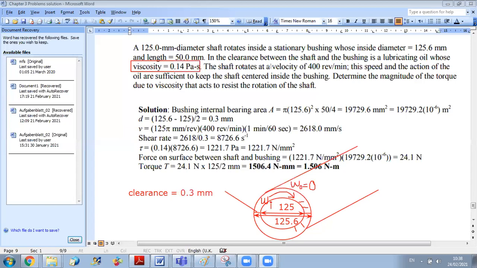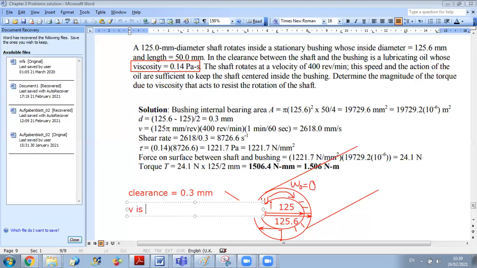Yes, in the radial direction, exactly. In the radial direction, you have variation of velocity. You have 0 velocity at the outer bushing, and you have a linear velocity at the inner shaft that can be calculated. Which formula will you use?